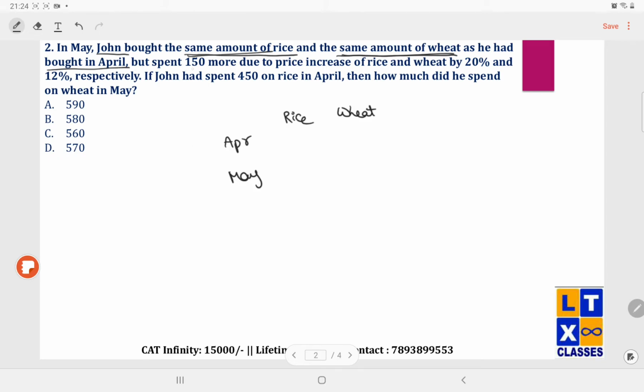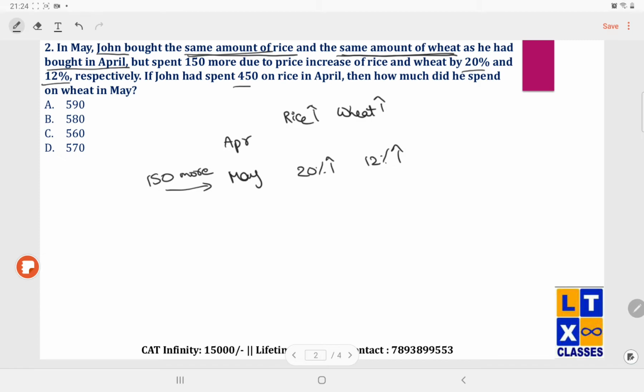But John spent 150 more due to price increase of rice and wheat by 20% and 12% respectively. So rice has become 20% more than what it was in April and wheat has become 12% more than what it was in April.